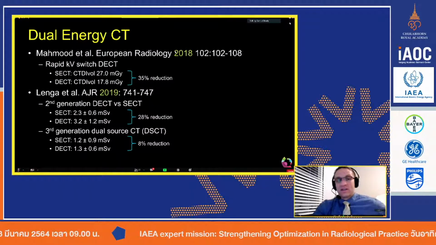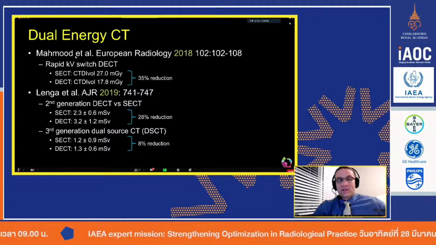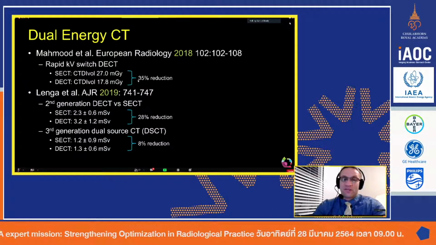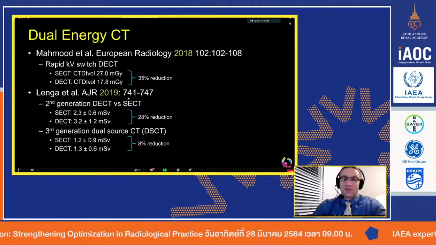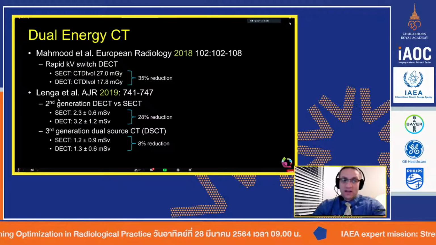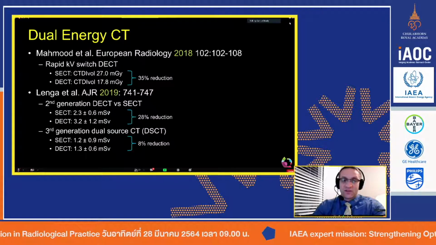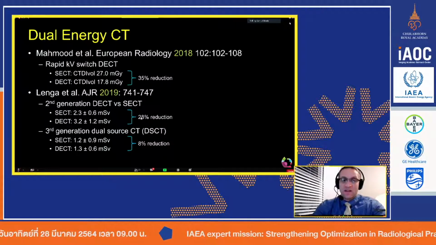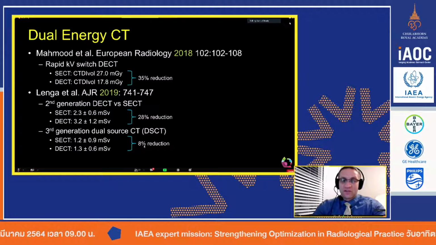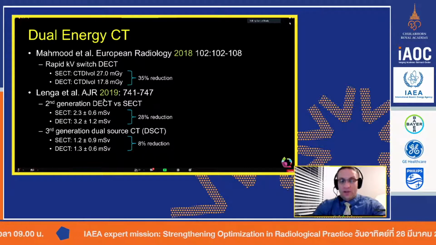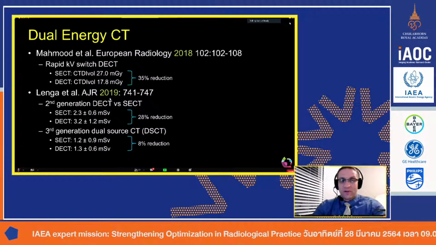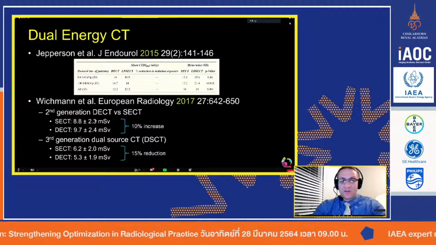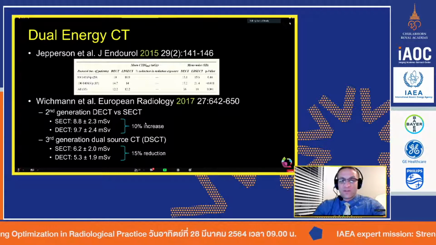In 2018, in that Mahmoud paper I talked about, the dual energy was about 35% lower than the single energy. And then in 2019, looking at second generation dual energy CT scanners, there was about a 28% reduction, and the third generation was an 8% reduction. Now, a couple of things to point out: from 2017 with the second generation, the dose is actually higher for the dual energy.